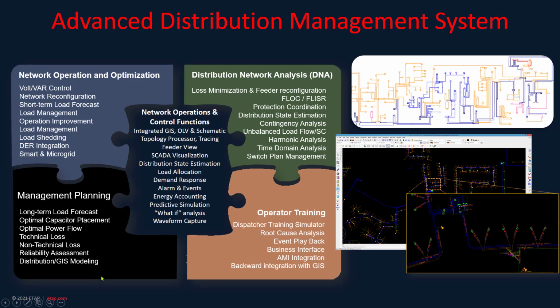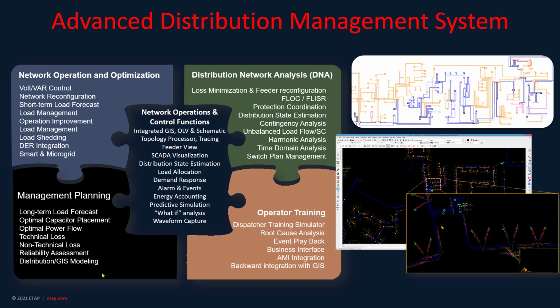And over on the right-hand side, finally, is the operator training, or EOTS. Once you have an ETAP model, you could do software in the loop, and then you could train dispatchers. You could use the model for root cause analysis, for event playback.